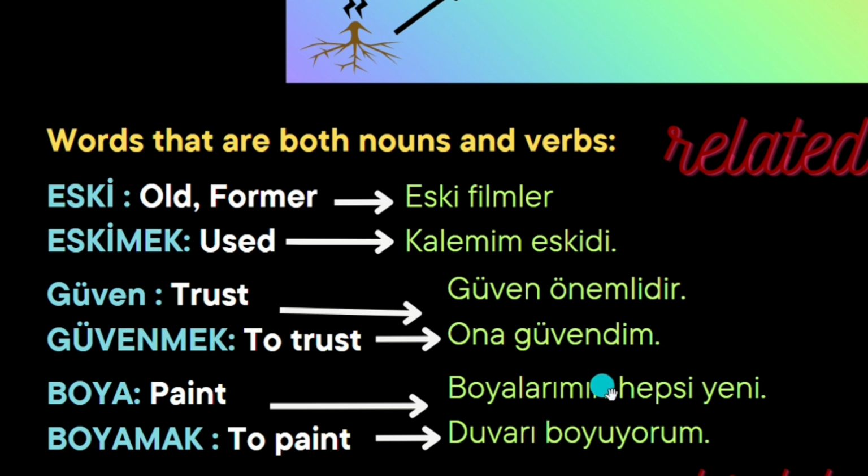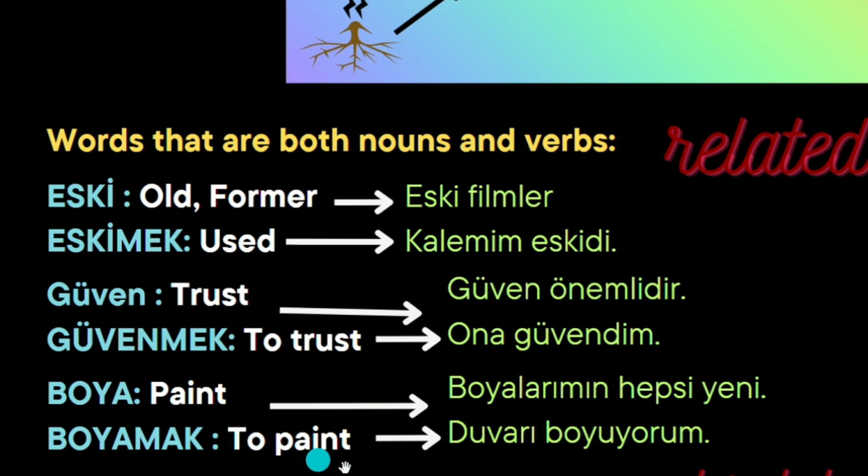This is a quite important subject and we will look at this afterwards. Hepsi means all. And if you want to say all of my paints, in Turkish we say boyalarımın hepsi. This is all together. Anyway, yeni means new. All of my paints are new.